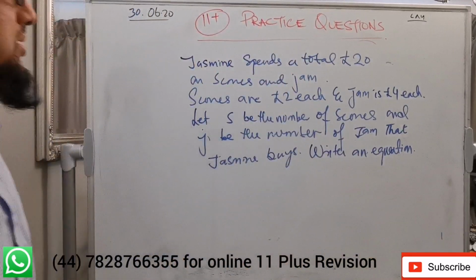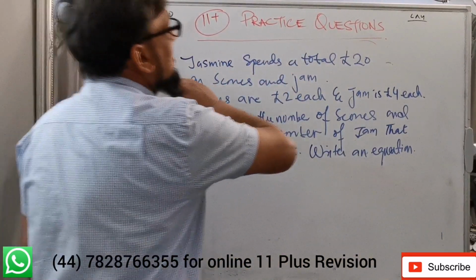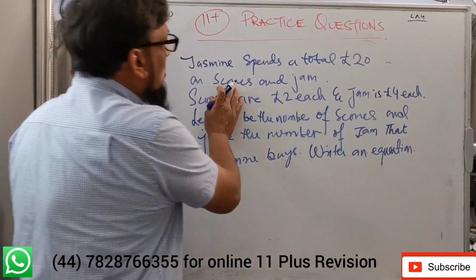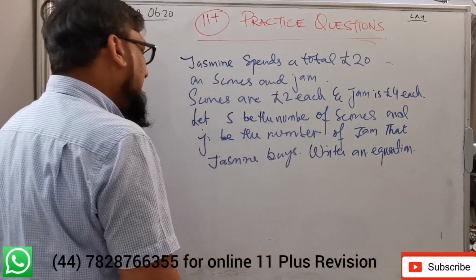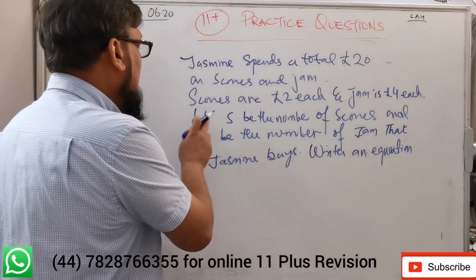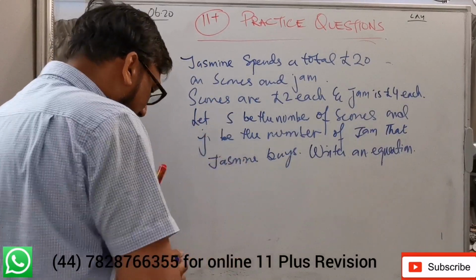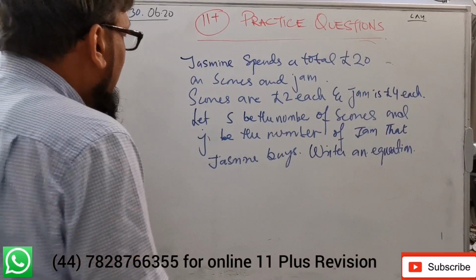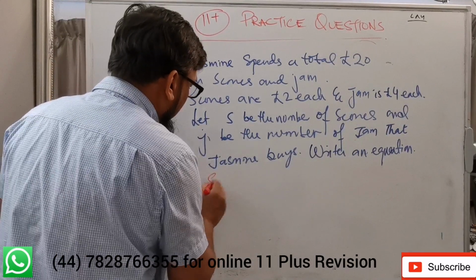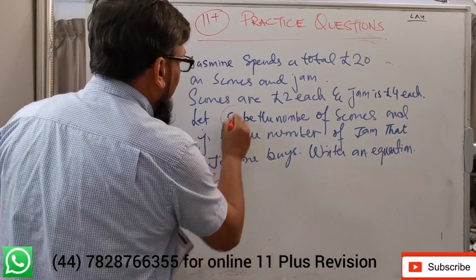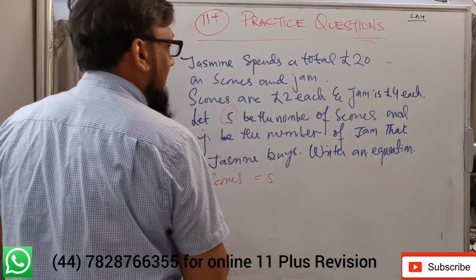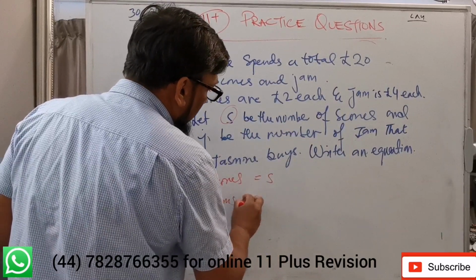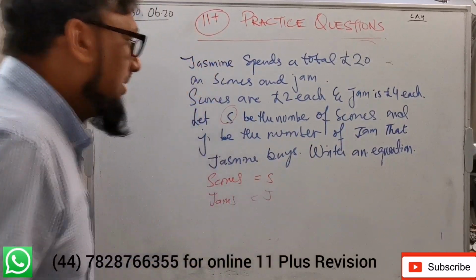They said Jasmine spent £20 on scones and jam, and they also explain in this question, let S mean scones and J jams.